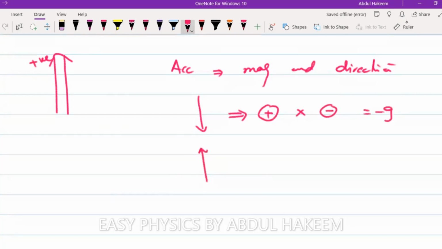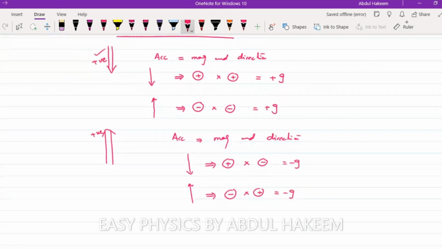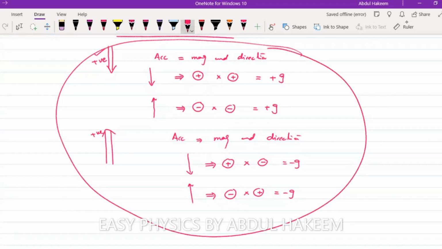When it's thrown up, the velocity magnitude decreases, and the direction is similar to the selected direction, so it's positive, again minus g. But do remember, this concept is not used in the equation.